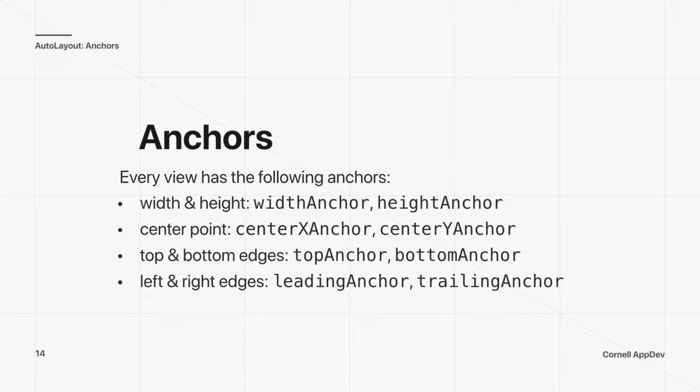On the slide, we have leading anchor and trailing anchor because they distinguish between left and right. There are left and right anchors, but in cases where there are apps or languages that are read right to left, so reverse of what we commonly use, if you use leading anchor and trailing anchor, that'll flip those accordingly to match the reading direction. Does the distinction between left and right and leading, trailing make sense?